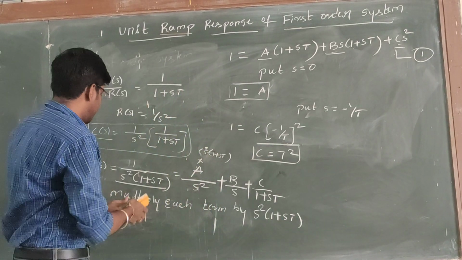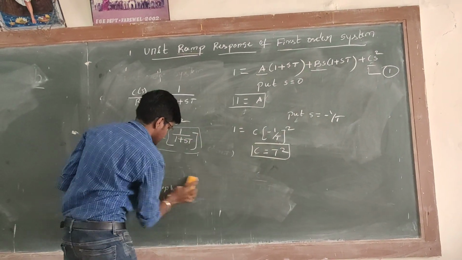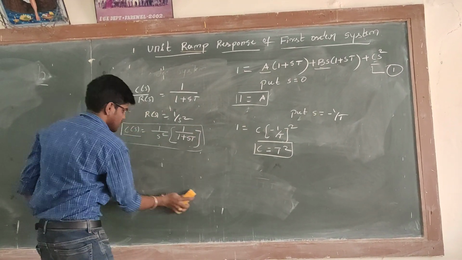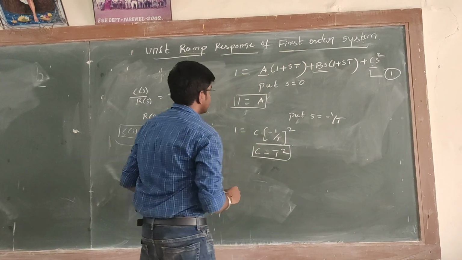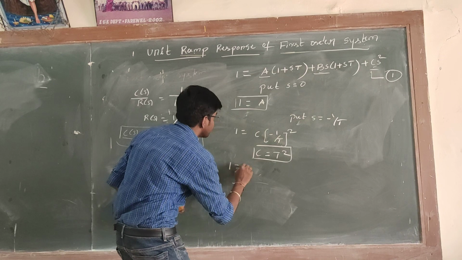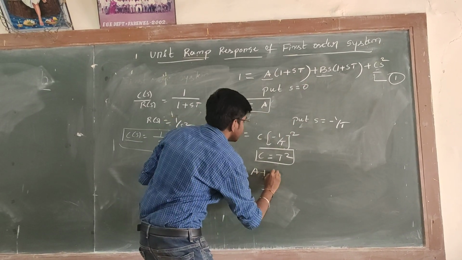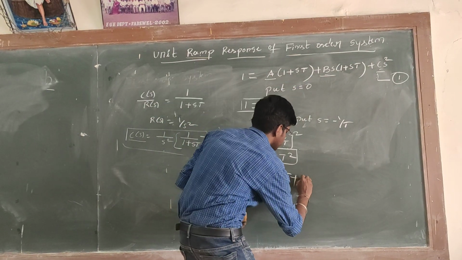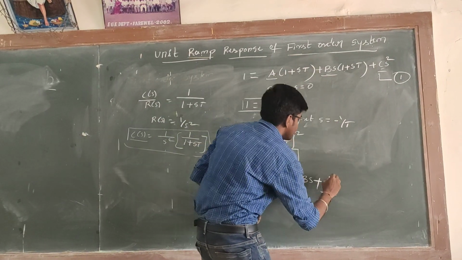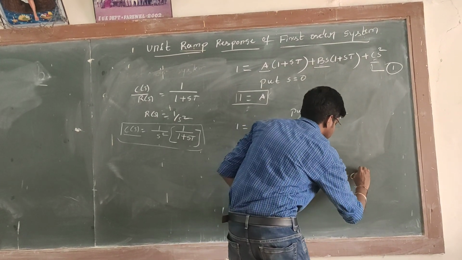So we got the value of A and we got the value of C. To find the value of B, multiply each term in equation number 1. So what we have in equation number 1 is 1 equals A, and multiplying each term, A plus A into ST plus BS plus BS square into T plus CS square.